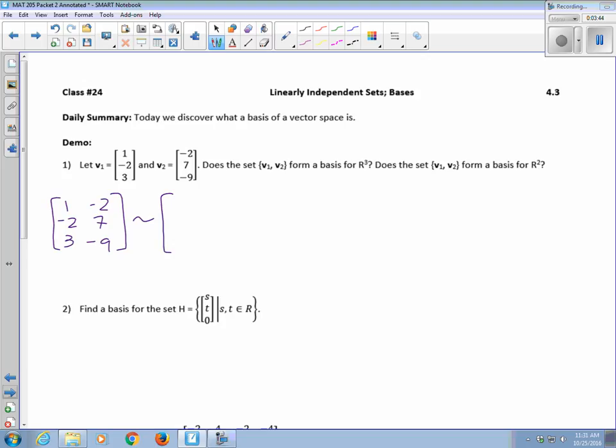When I row reduce this, I get 1, 0, 0, and 0, 1, 0. Remember there are two criteria for forming a basis. One, it has to be linearly independent. Two, it spans the whole set.